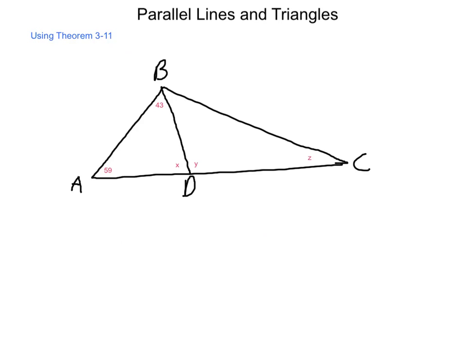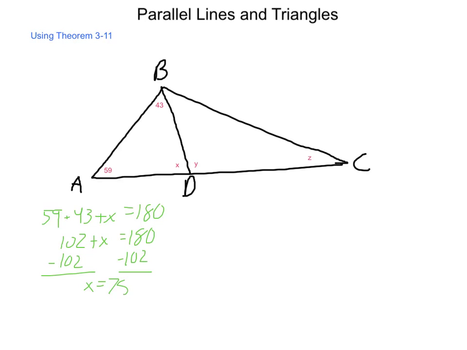So now we'll be able to use arithmetic to calculate the value of X, because we know by the triangle angle sum theorem that 59 degrees plus 43 degrees plus X has to equal 180. Combining like terms, we have 102 plus X equals 180. Subtracting the 102 from each side of our equation by the subtraction property of equality gives us X equaling 78 degrees.